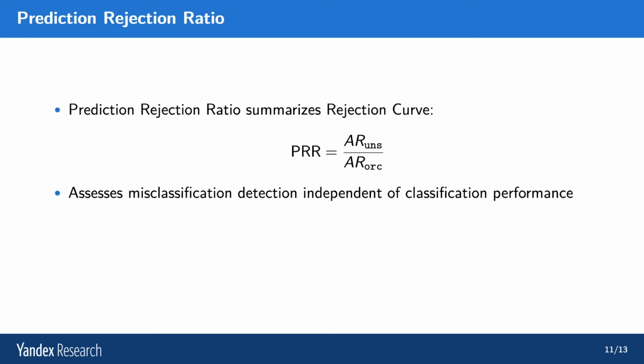So this is called the prediction rejection ratio. AR UNS is the area between the yellow line and the black line, and AR ORC is the area between the oracle blue line and the black line. This is a summary statistic which allows you to compare the performance in these prediction rejection tasks across models with different base classification performance.